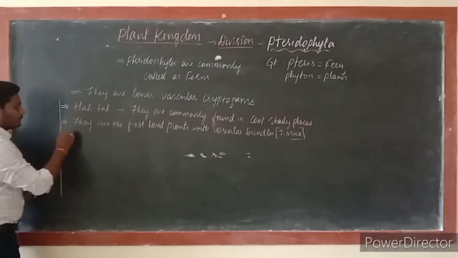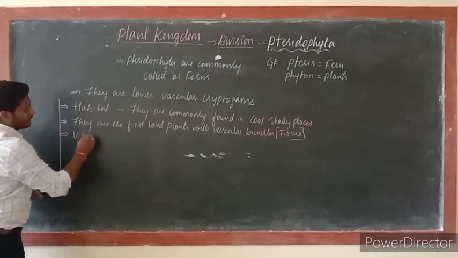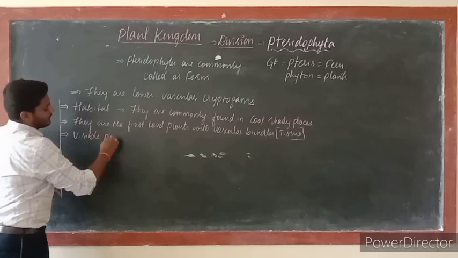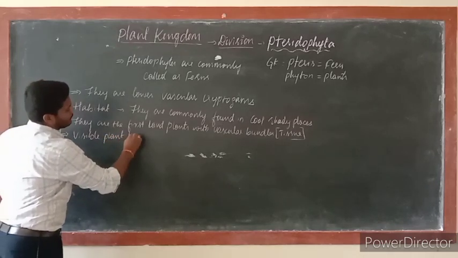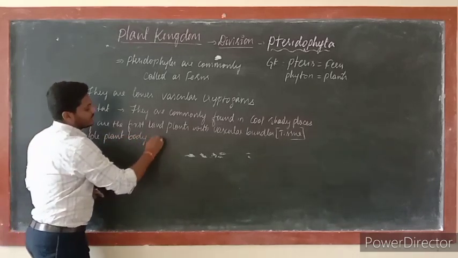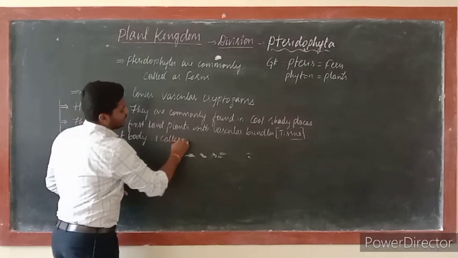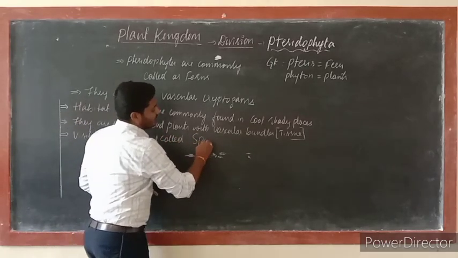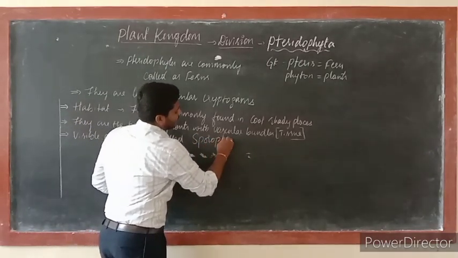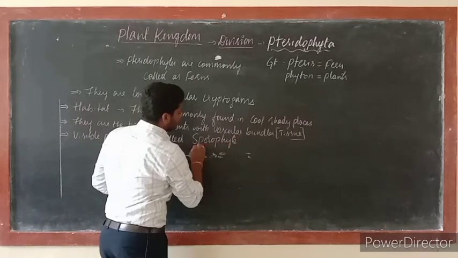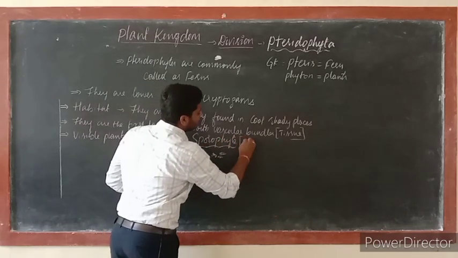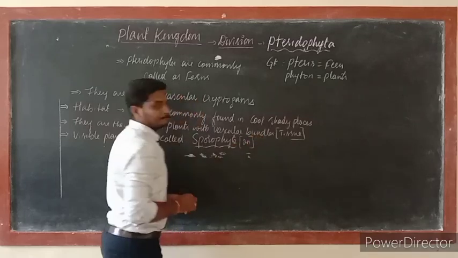The visible plant body is called sporophyte, and it will be diploid in nature.